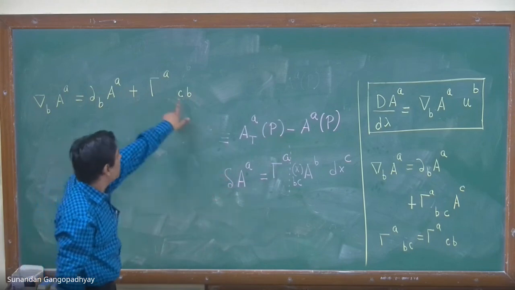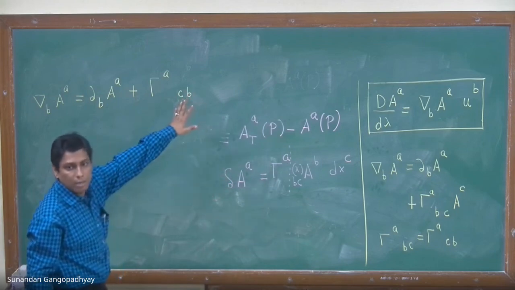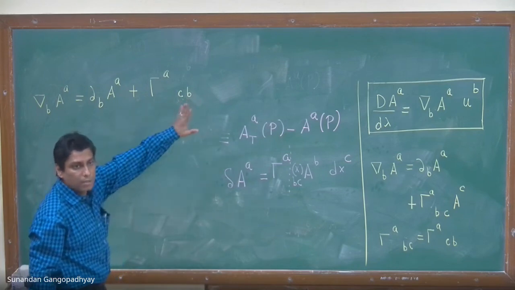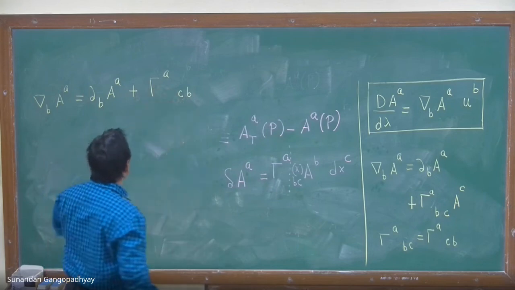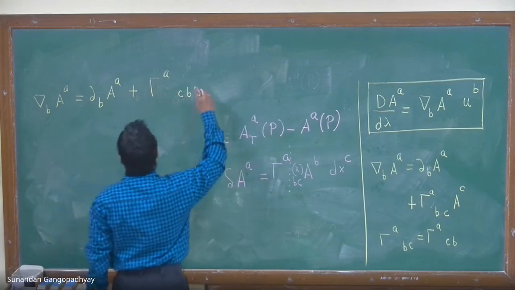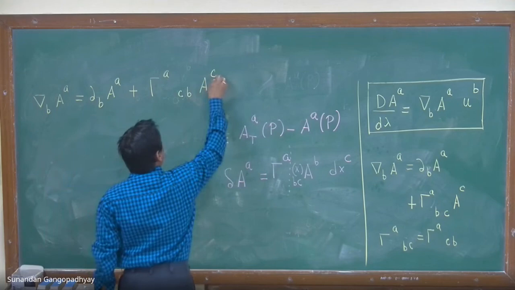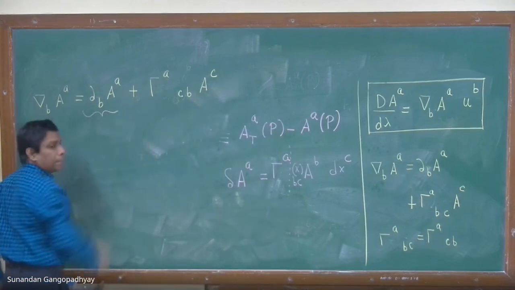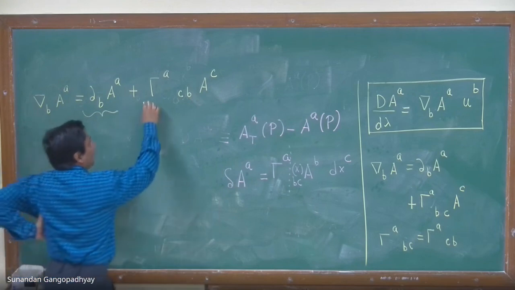You are putting BC, so gamma CB you can put as gamma BC because of symmetry, but let us keep it as CB instead of BC. So gamma is CB, and then it will be A^C. We know how this transforms. We just need to calculate how gamma transforms.